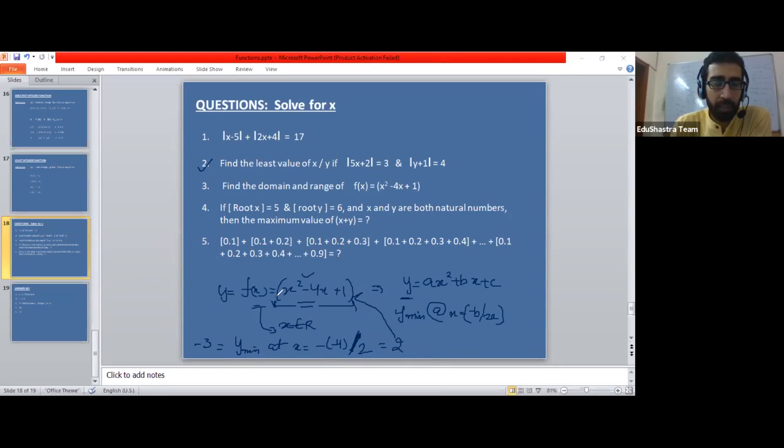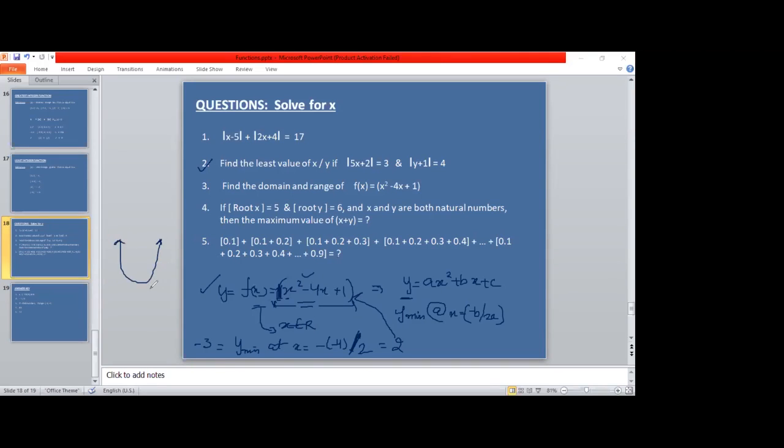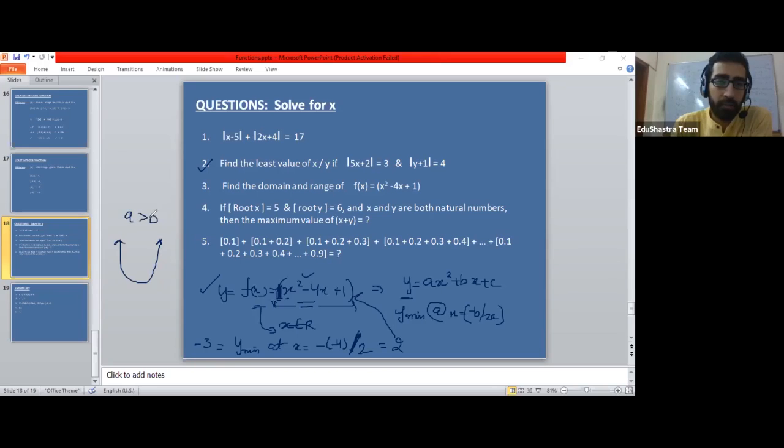Because if you remember, we had discussed last time, for a quadratic function whose coefficient of x square is positive, the coefficient of x square here is 1, all such functions open upwards. They have this U shape. For a greater than 0, this is the shape.